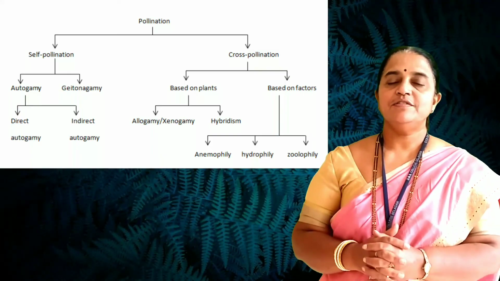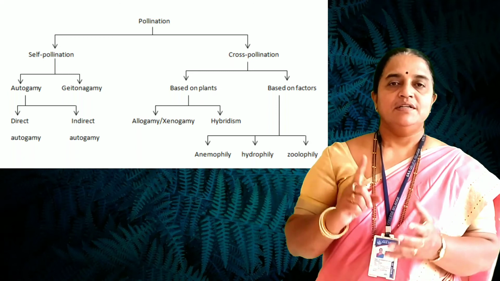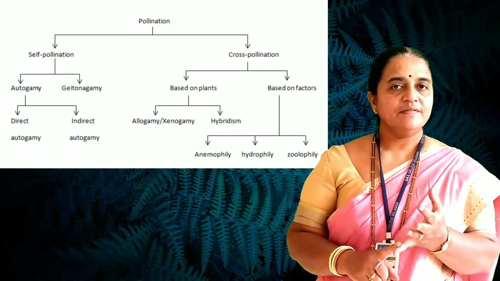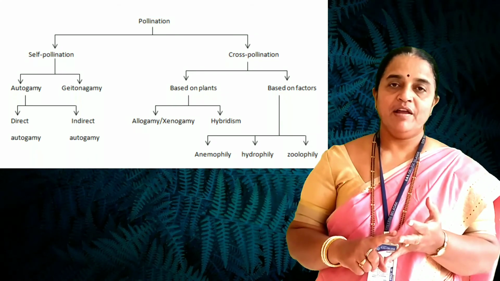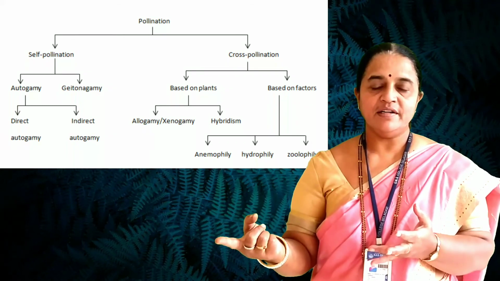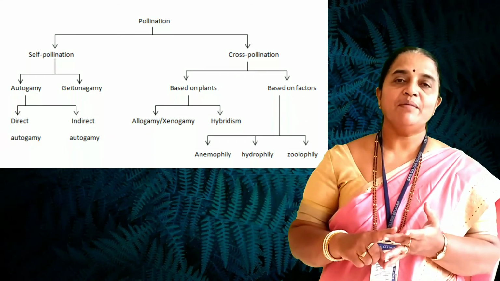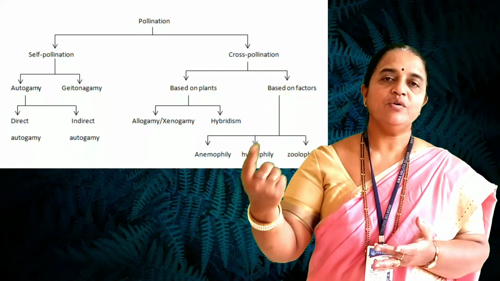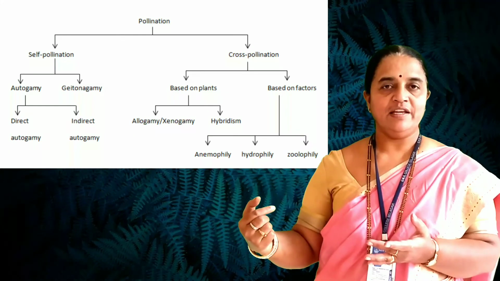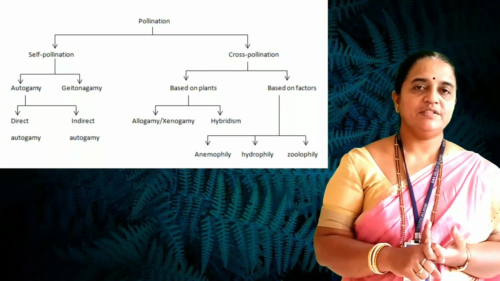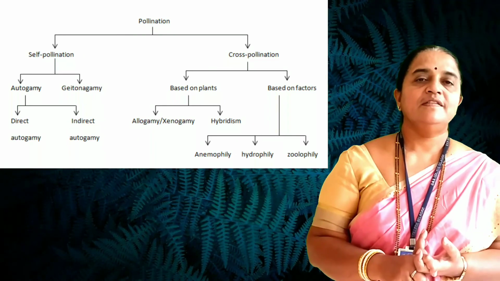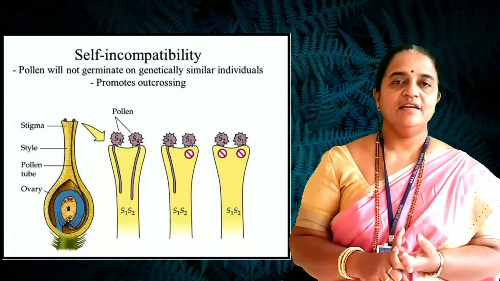So what are the conditions for cross-pollination? Unisexual flowers, bisexual flowers showing dichogamous condition, either protandry or protogyny, and hercogamous flowers showing either heteroanthy or heterostyly. Fourth condition is self-sterility.